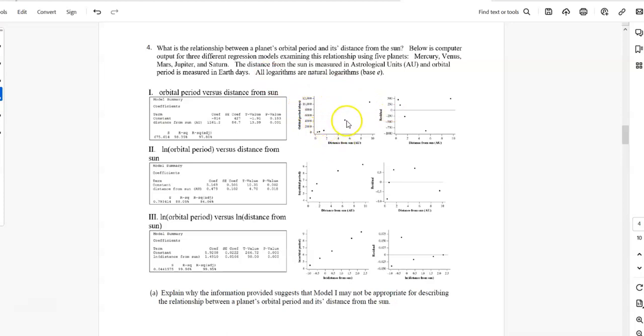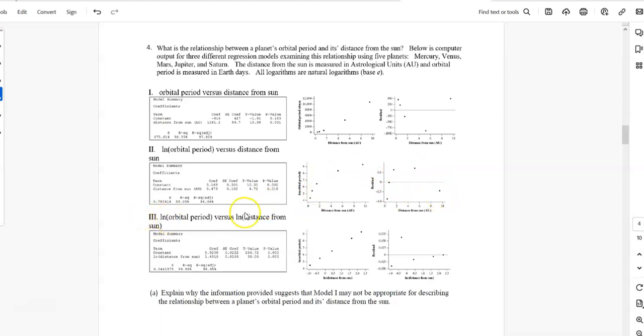Okay, so you can see this looks to have a little bit of a curved pattern, that original graph for Roman numeral 1. When you do a residual plot, you see maybe a curved pattern there also, and so that's not going to be great. So they tried taking the natural log of the y value and doing nothing to the x value of distance. That graph looks kind of curved, and the residual plot also looked curved, so that's not great.